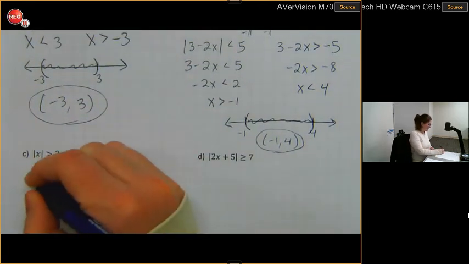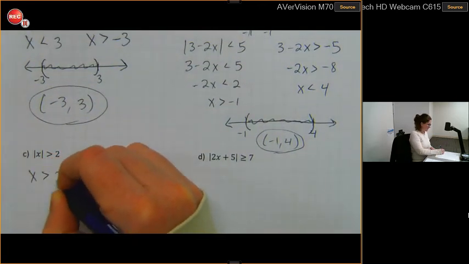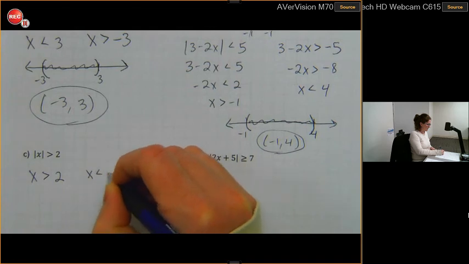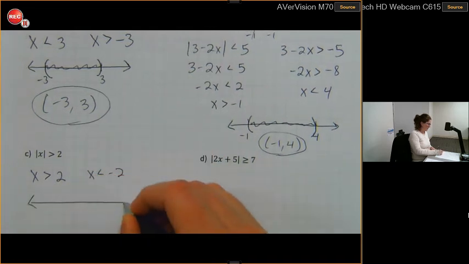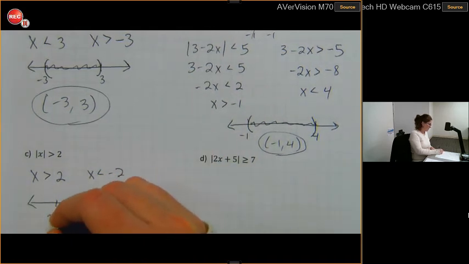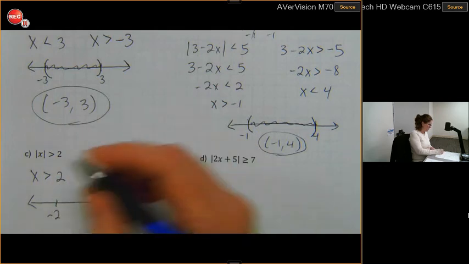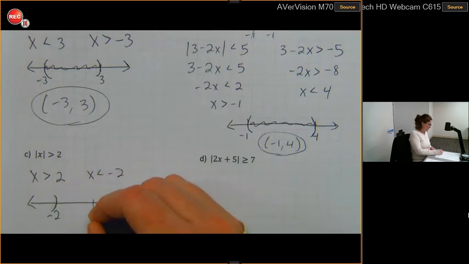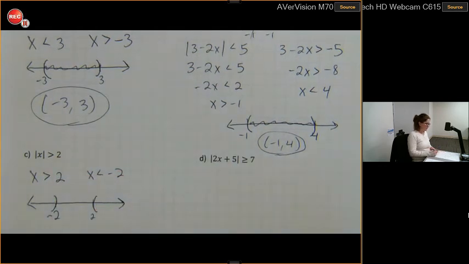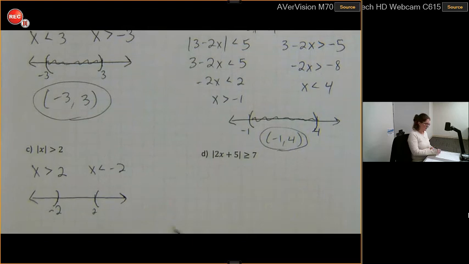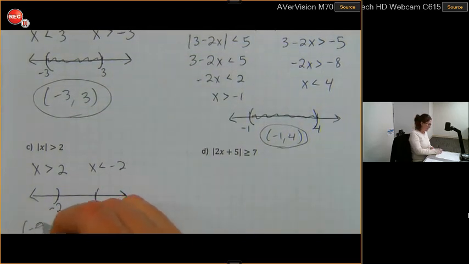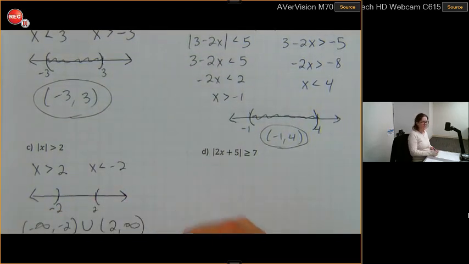Part C, my original problem is a greater than problem, so I'm going to be looking at the union of two intervals. So we have negative infinity to negative 2, union 2 to infinity.